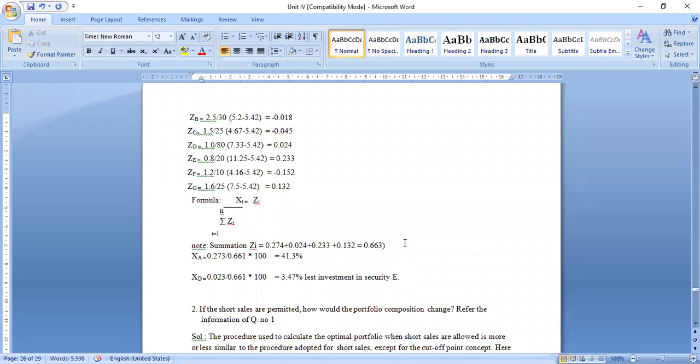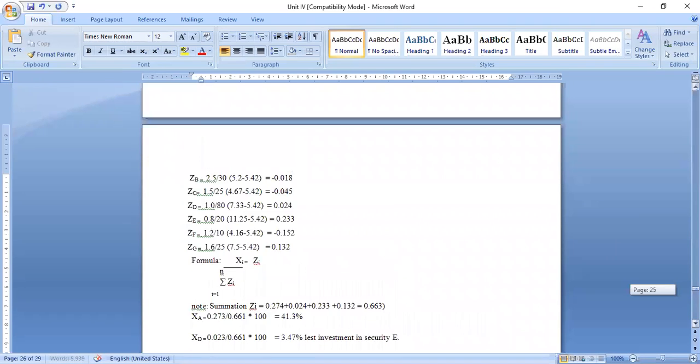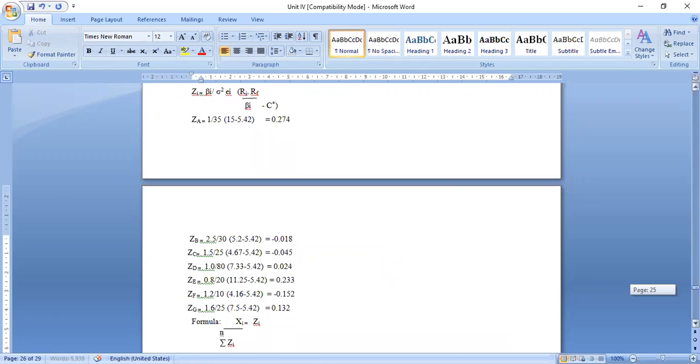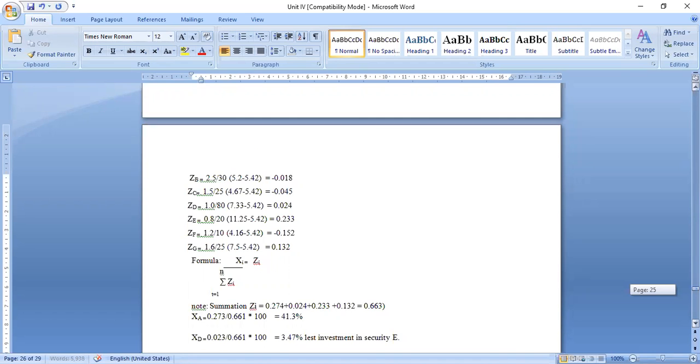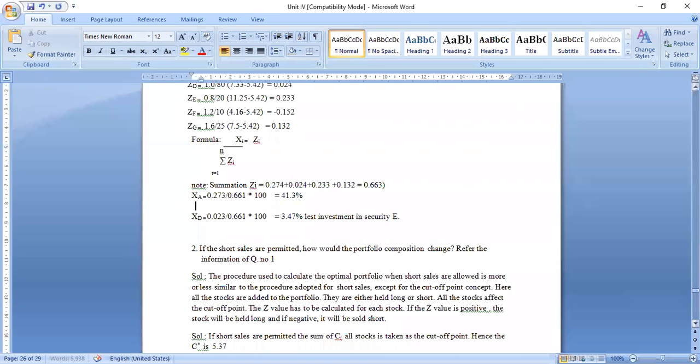Now this is the proportion for security A. When you consider security B, we are not going to have a proportion of investment because the value is negative. The same goes for C, we cannot calculate. For D, I have done it here: 0.024 divided by 0.663, so here it is 3.47.